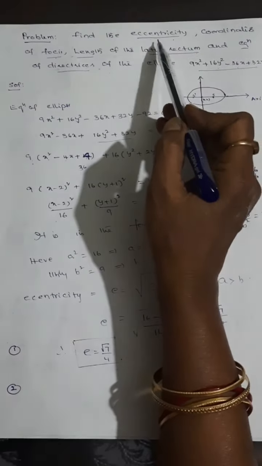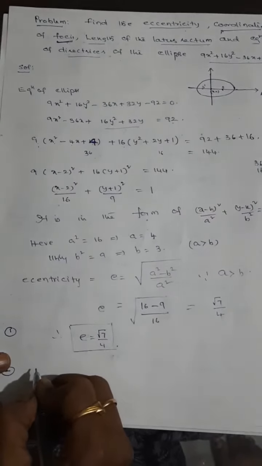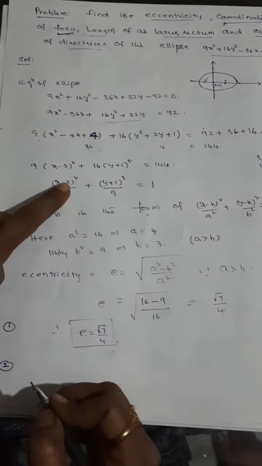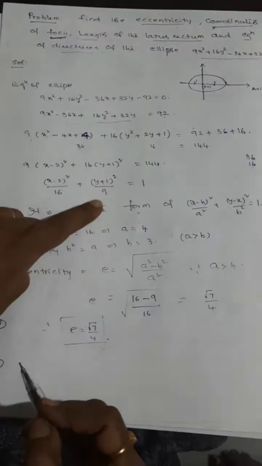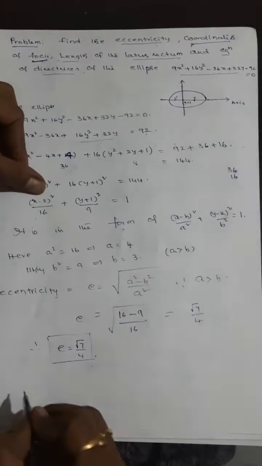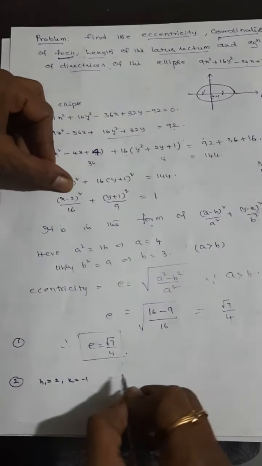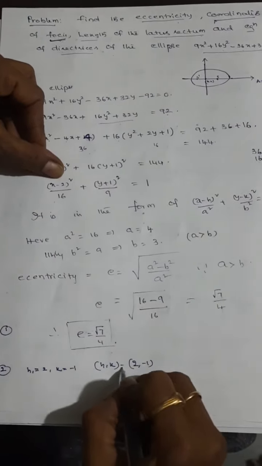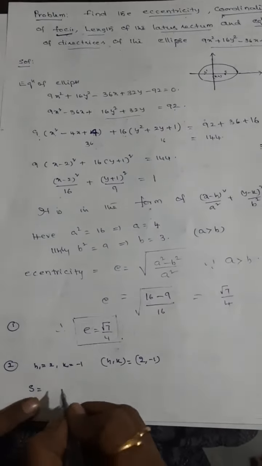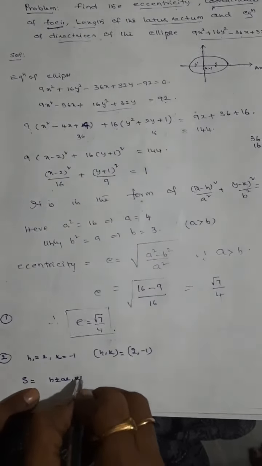Now we have to find the coordinates of the foci. What are the coordinates of the foci? It is in the form of (x minus h) whole square by a square plus (y minus k) whole square by b square is equal to 1, where h is 2 and k is equal to minus 1. That is (h, k) is equal to (2, minus 1). Now coordinates of foci is equal to (h plus or minus ae, k).